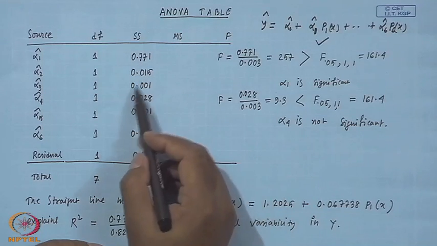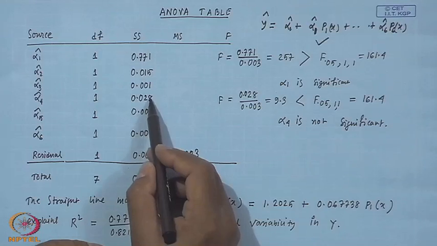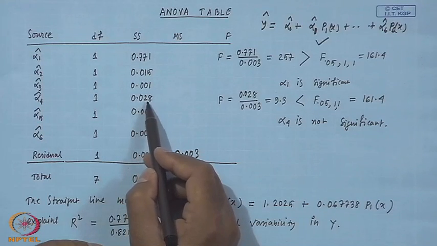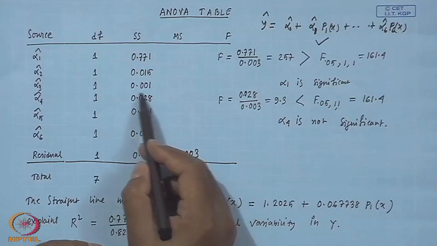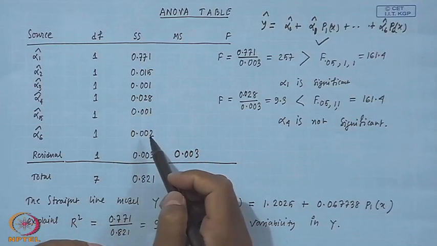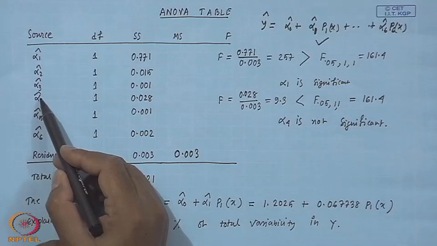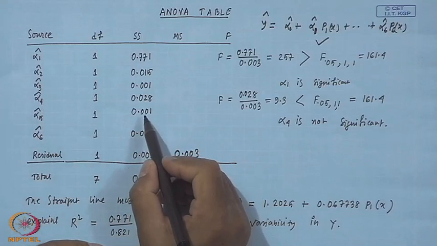So, instead of checking all of these, I will see which one is the bigger one. For alpha 4 hat it is significant, I mean this is larger than the other alpha j's. So, I will test the significance of alpha 4 hat first.